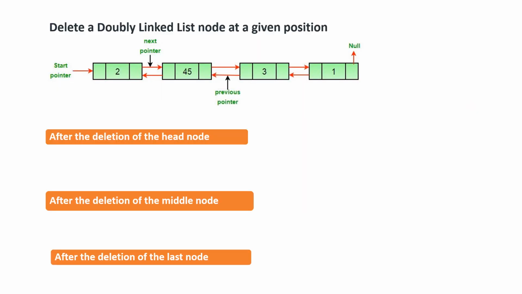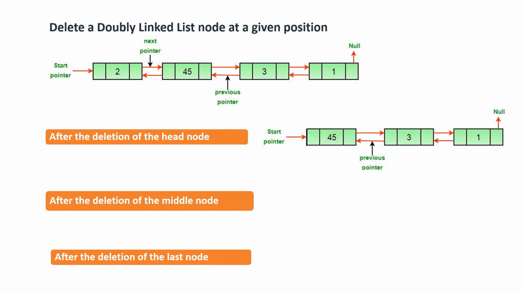Now we can move to the deletion part. Deletion is done like this; this is a given example list. Now, after the deletion of the head node, that is node 2, the list will be like this.